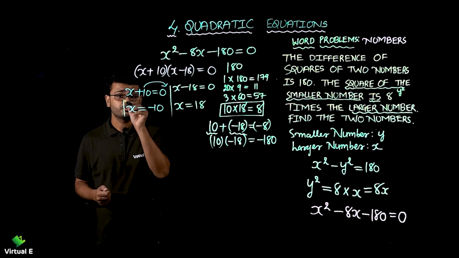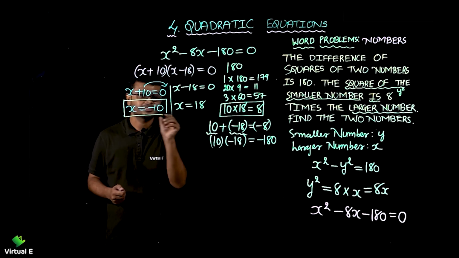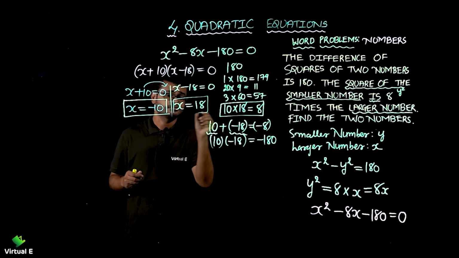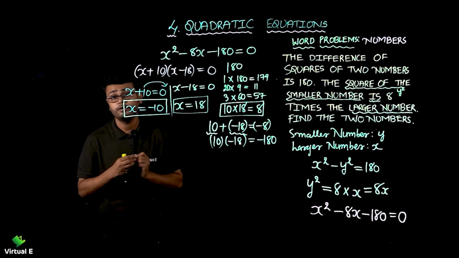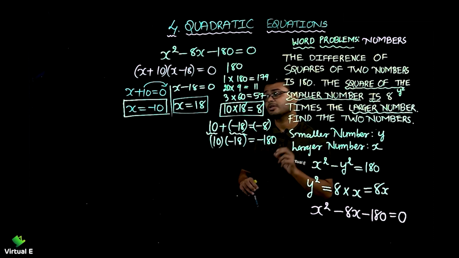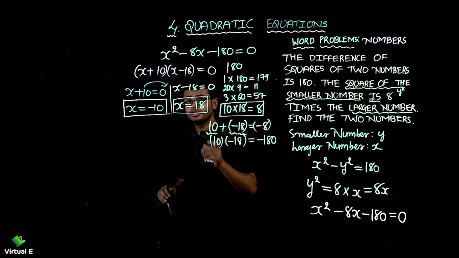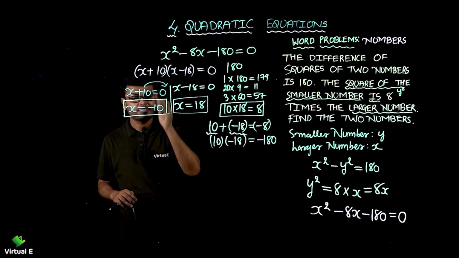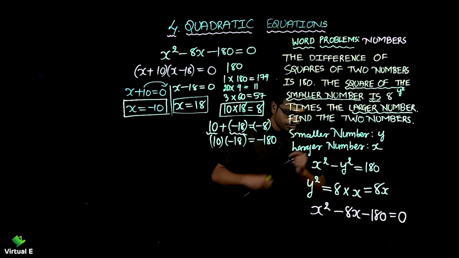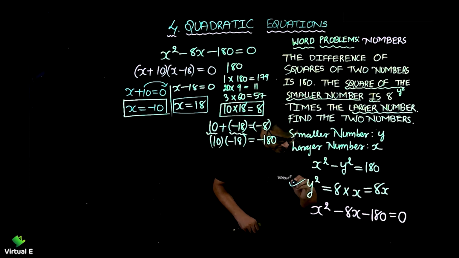Now you must be confused, which answer of x shall I consider? So let's think about that. Very important, very important. Not only we need to get the solution, but we need to get the correct solution for only this question. So value of x is minus 10 and value of x is 18. Now let's use this condition to verify our answer.